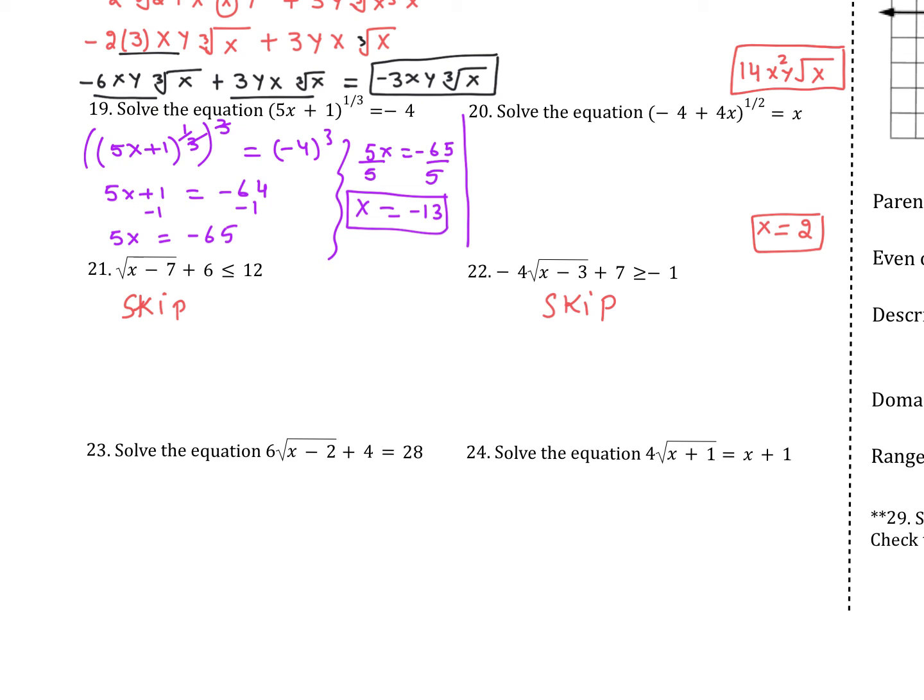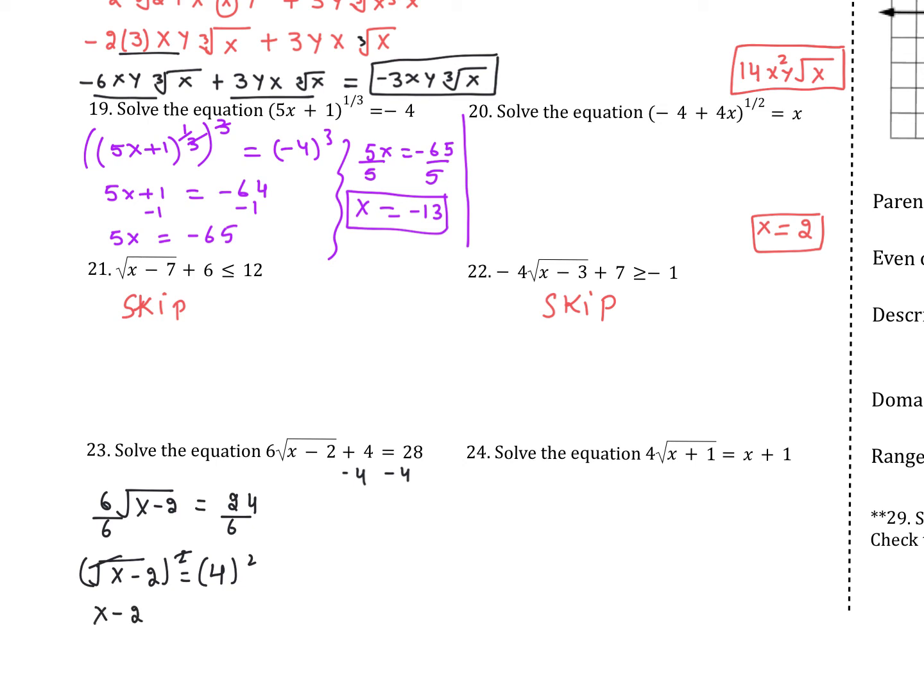And for number 23, you're going to isolate the radical first. And then you're going to divide by 6. After that, it becomes easy. All you have to do is remove the radical by squaring on both sides.